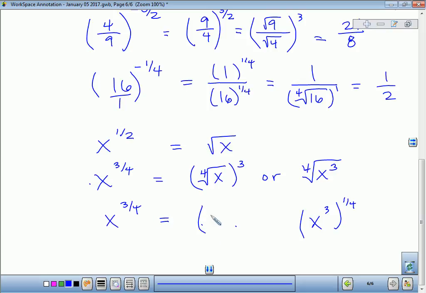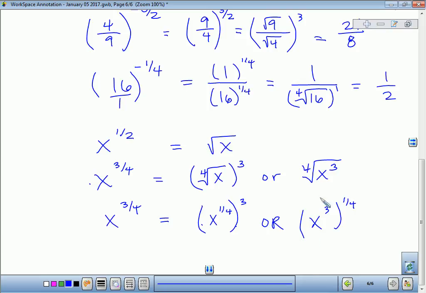Or I can think of it as x to the 1/4 cubed. Do you see how 1/4 times 3 is 3/4? 3 times a 4th is 3/4. Both these mean the same thing. So this is the 4th root of x cubed. This is x cubed, the 4th root of x cubed.